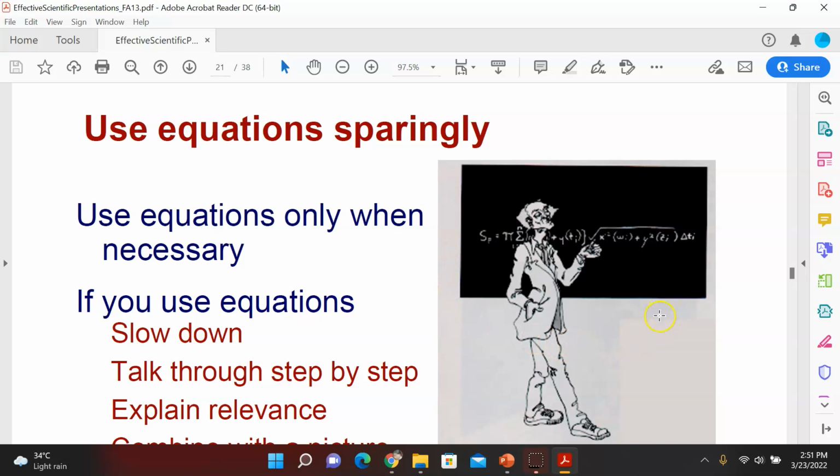Sometimes you need to be able to explain what the equations mean. Usually, I have a friend who says that if you cannot read your equations, then you don't understand enough. And they say read, meaning you know what each symbol represents. Okay?